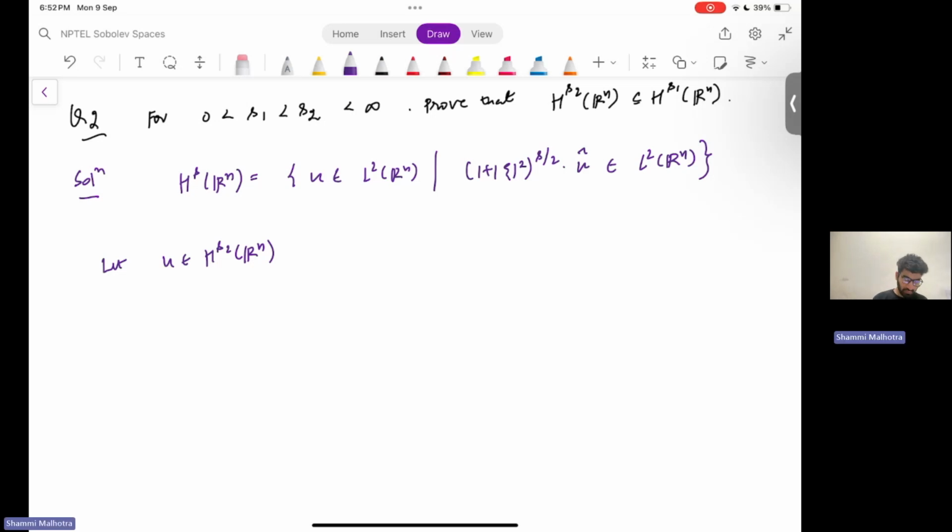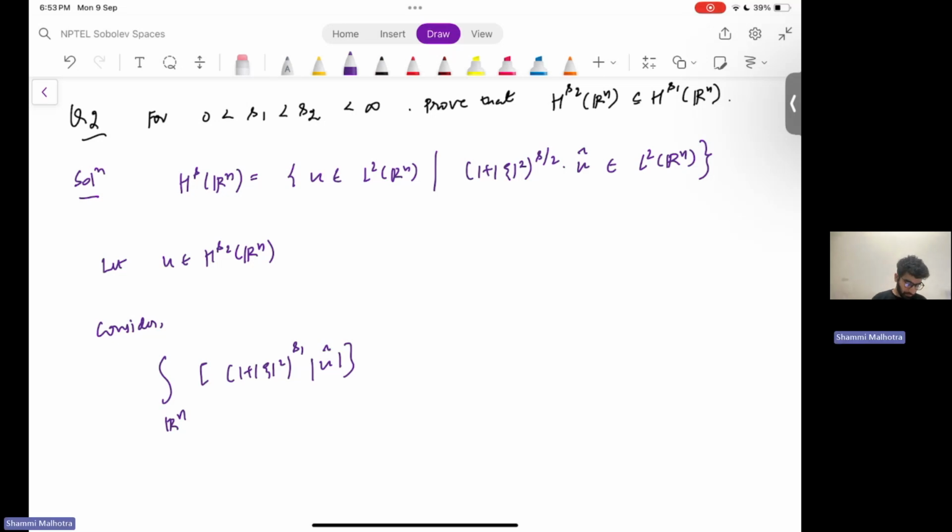To show this, we consider the integration over R^n of (1 + |xi|^2)^(s1) |u hat|^2. Here it is s1, since we have to show that it lies in H^s1.